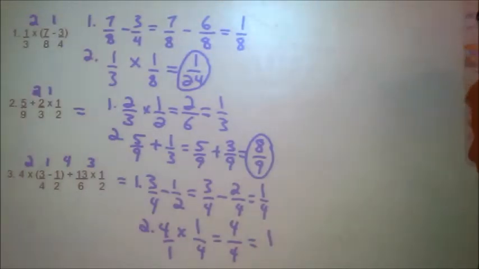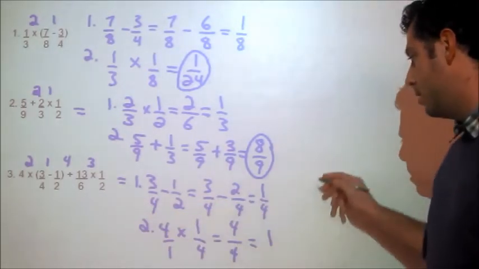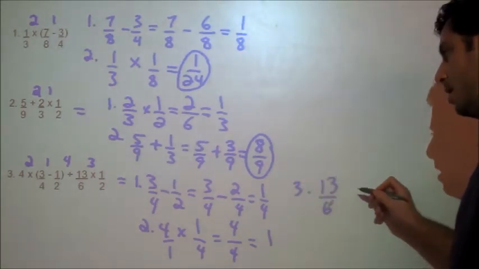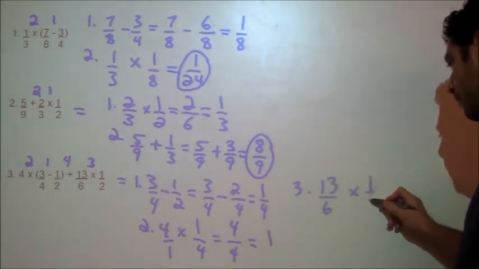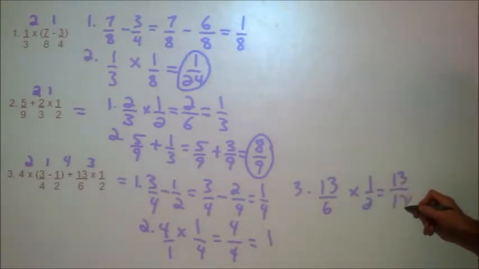The third step was to multiply the 13/6 by this 1/2. So let's do that. Third step, 13/6 times 1/2. This would be 13 over 12.